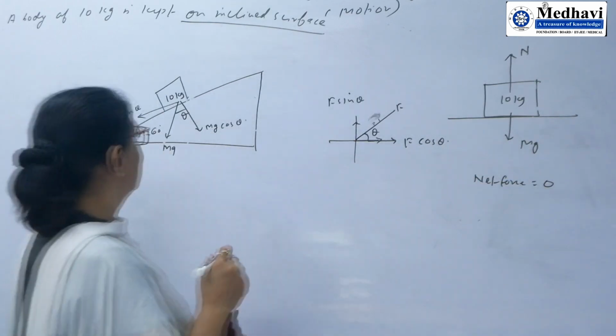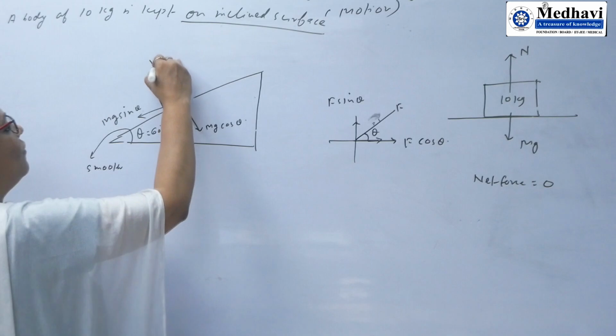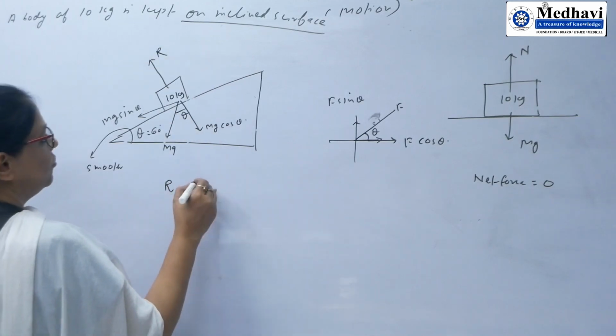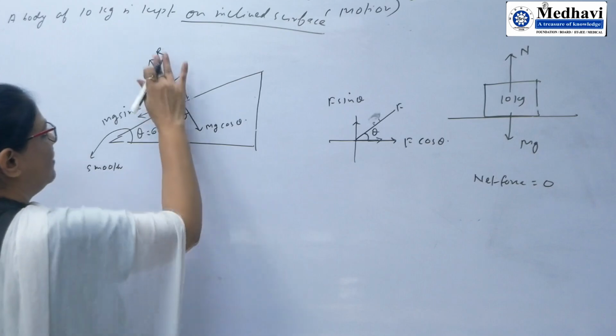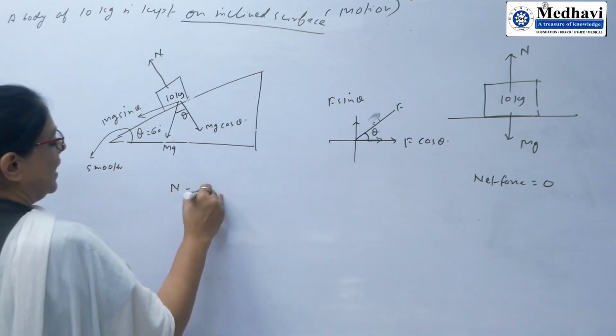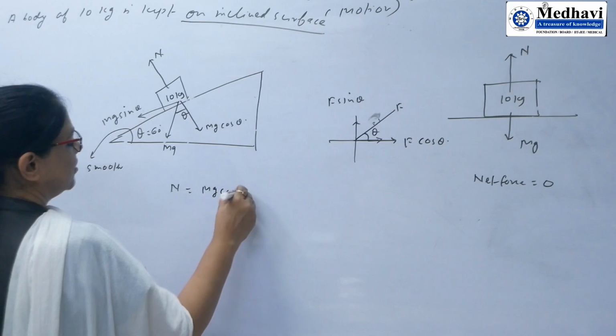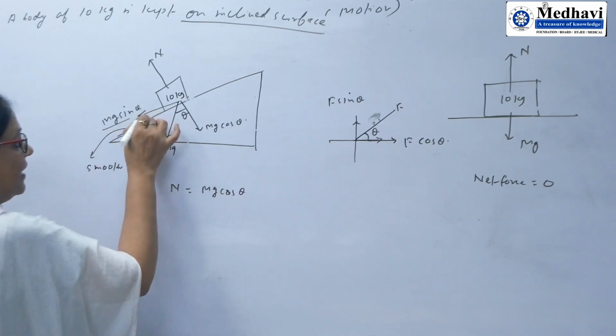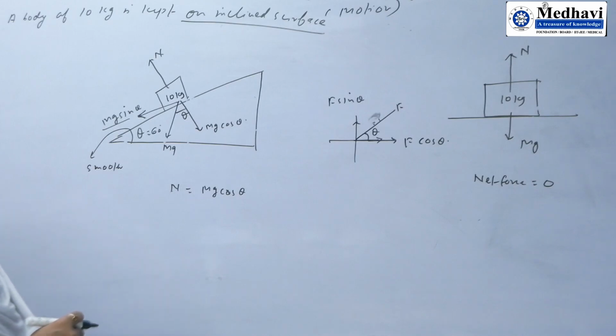But in this case, the normal force R, or N, you can use R or N, both are correct, N is equal to mg cos theta. But this mg sin theta will help the body to move on the inclined surface.